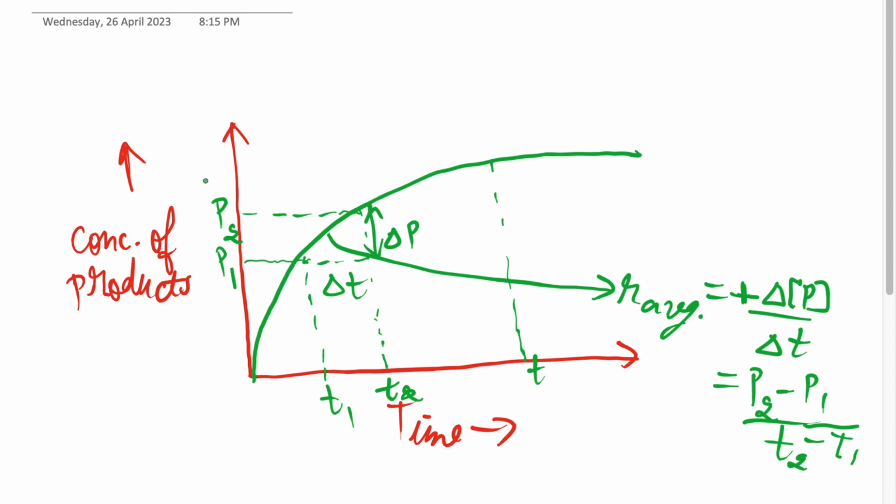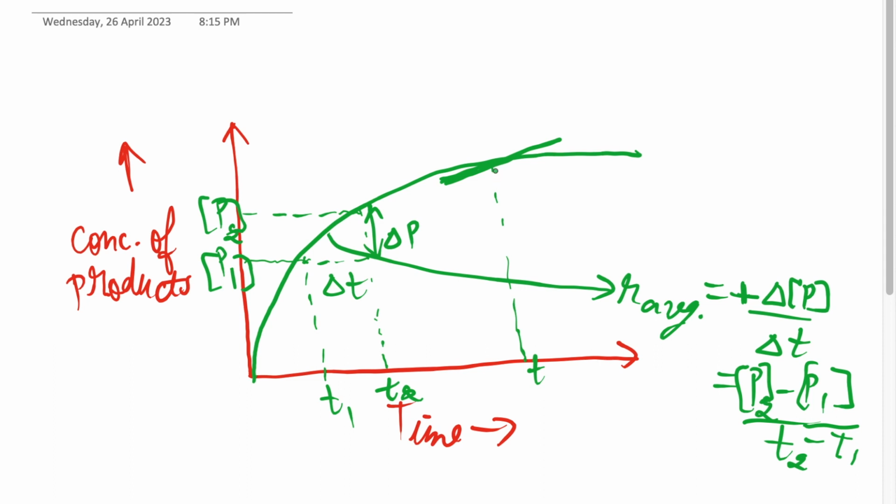Now at time T, let us draw a tangent first at this curve at time T. This is the tangent.